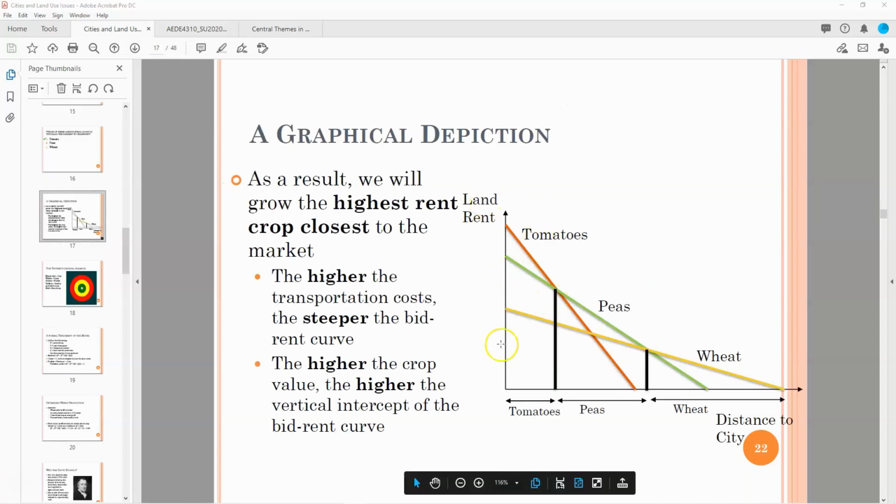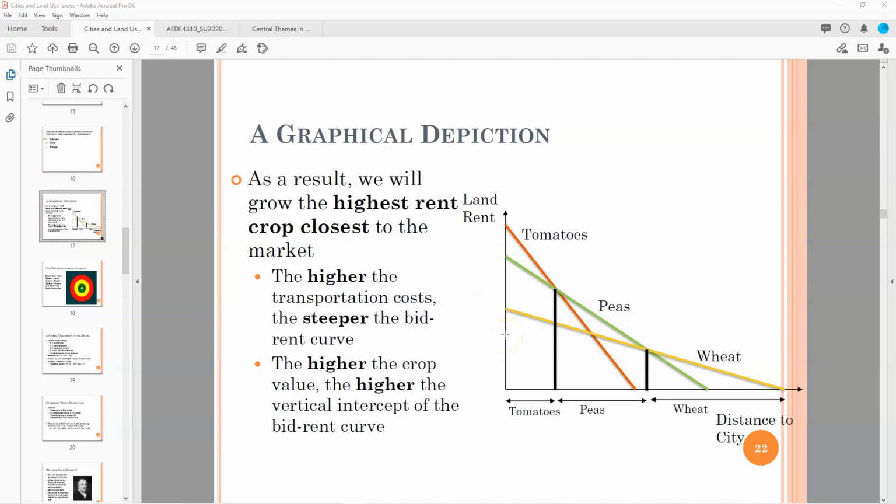And here is a graph showing the bid rent curves for tomatoes, peas, and wheat. As we can see from this graph, we will grow the highest rent crop closest to the market, and we draw those 3 lines according to those 2 terms. The higher the transportation cost, the steeper the bid rent curve. We already know tomatoes are the hardest to transport, which means the transportation cost for tomatoes would be the most expensive in this case.